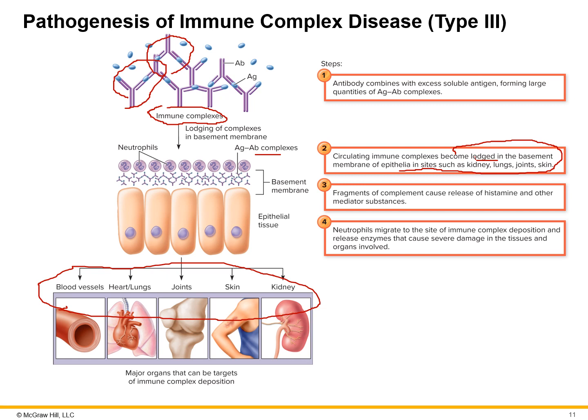And what's going to happen is that it's going to release histamines and other cytokines, and then neutrophils are going to migrate to where those immune complexes are deposited, and they release enzymes that cause severe damage to those organs. So it can lead to kidney damage, or it can lead to joint damage, because again, the immune system is trying to get rid of these big complexes that got lodged there from an immune response.